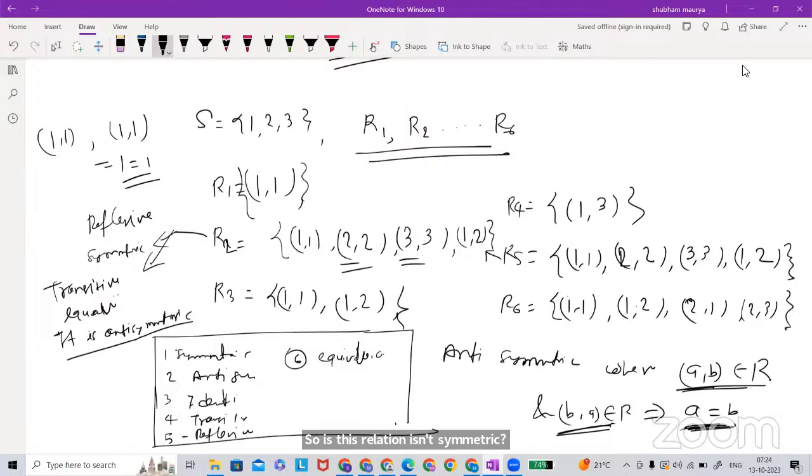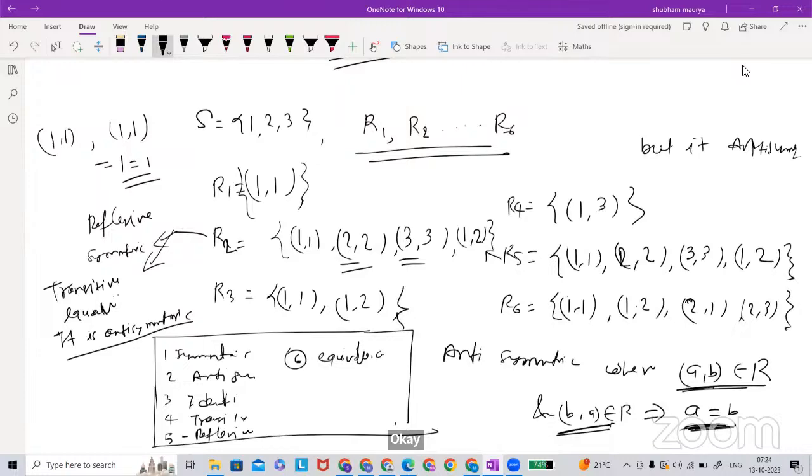It is not symmetric, because 1, 2 is there but 2, 1 is not there. But it is antisymmetric.